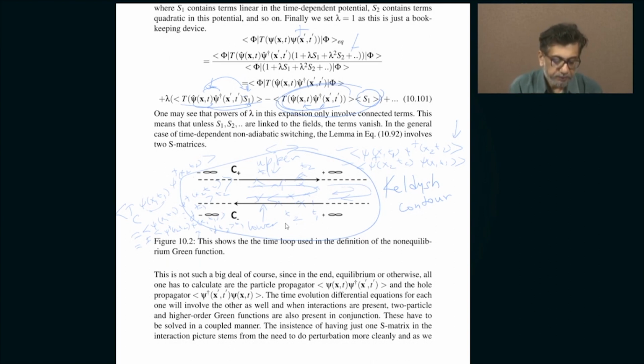Am I saying that right? If numerically T1 is larger, then this will be on the left and this will be on the right. Then you will get the particle Green's function, and if numerically T2 is larger, T2 will come to the left and you will make it the whole Green's function.